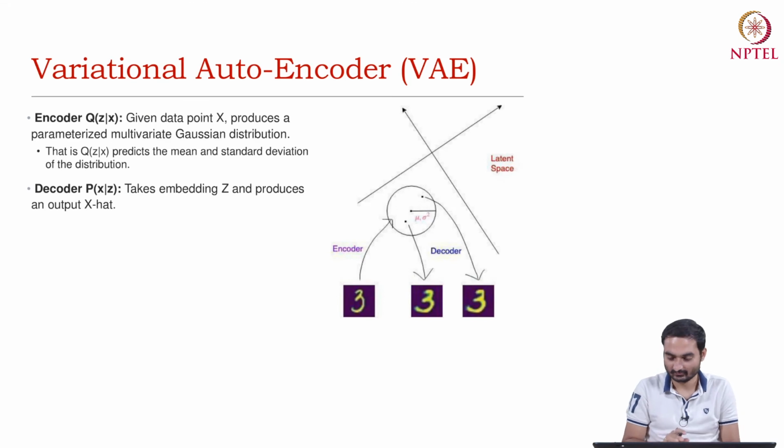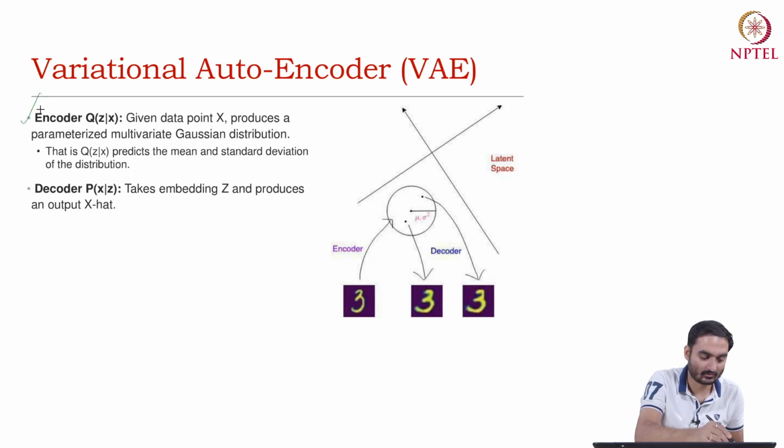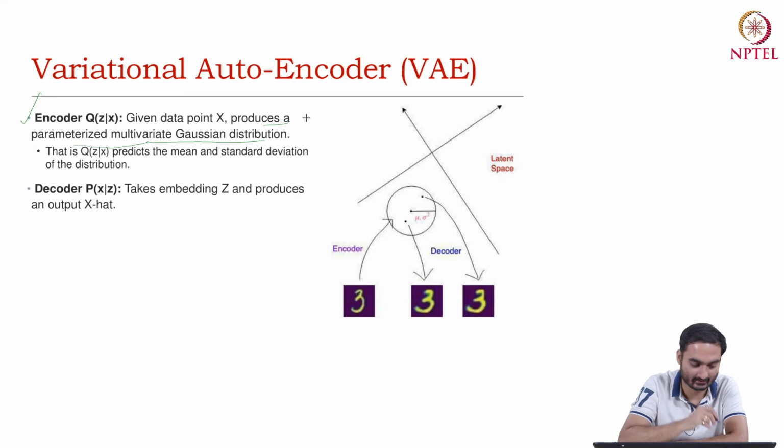So you see here, there is an encoder and there is a decoder. The encoder is represented by Q. Q takes an image X and produces a parameterized multivariate Gaussian distribution, essentially mu and variance, mean and variance.